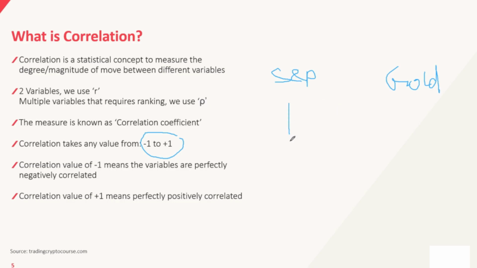If the S&P moves up, you should generally see the price of gold drop. If they are perfectly negatively correlated, then every 10% move up in the S&P will see a similar 10% drop in the price of gold.